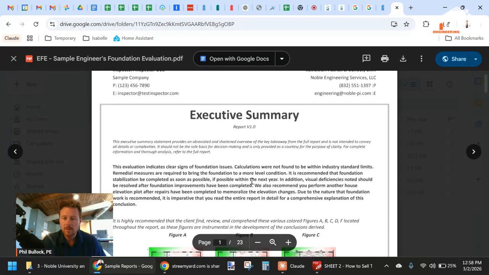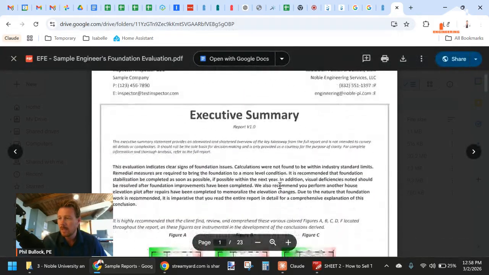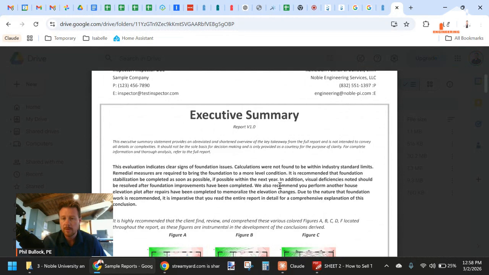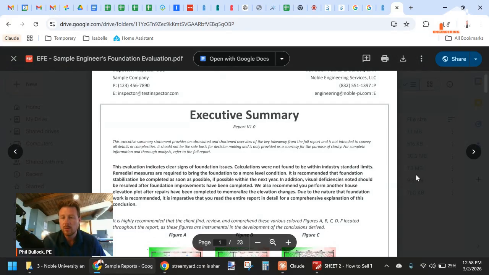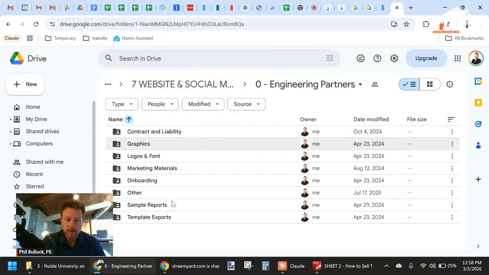So, familiarizing yourself with this will let you be the go-to source, the expert, if you will, to a certain extent. You can't call yourself an engineer, of course, but the expert of what this means. And you can convey this information to the client, to the agent, if you want to operate in that capacity. I don't always have to explain everything, especially on some of the simple stuff.